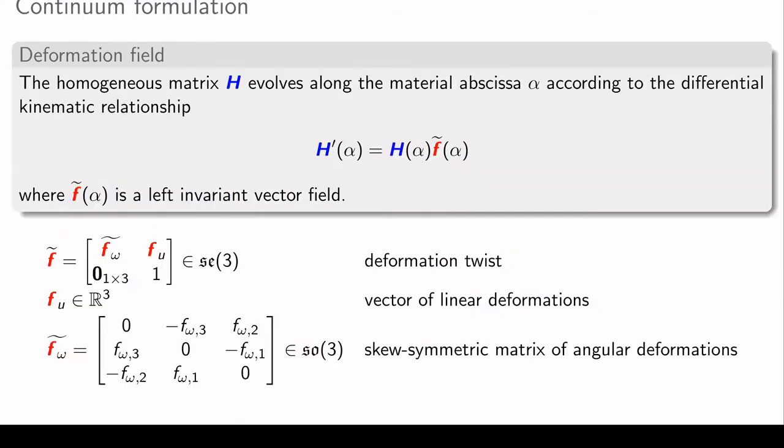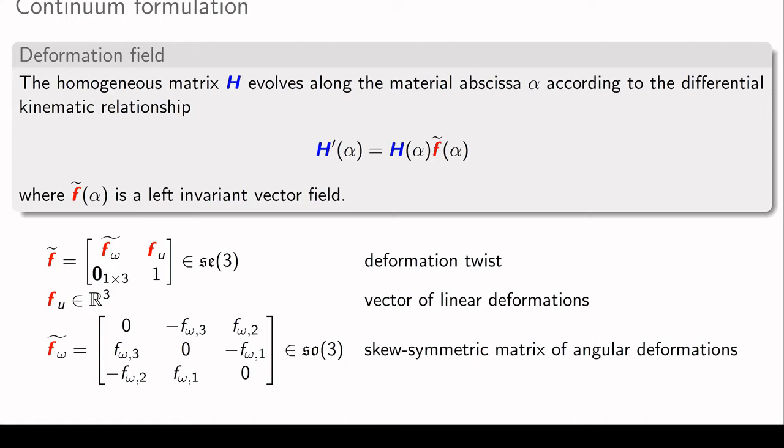So let's consider the evolution along the curve. If we take the Lie derivative with respect to the space of this homogeneous transformation matrix, a special quantity arises, the invariant vector field, which is called the twist in screw theory, or the Lie algebra in the Lie group and differential geometry community.